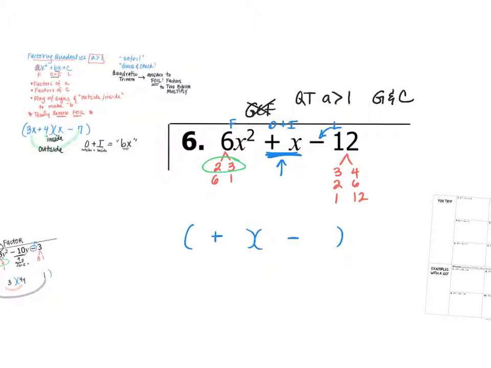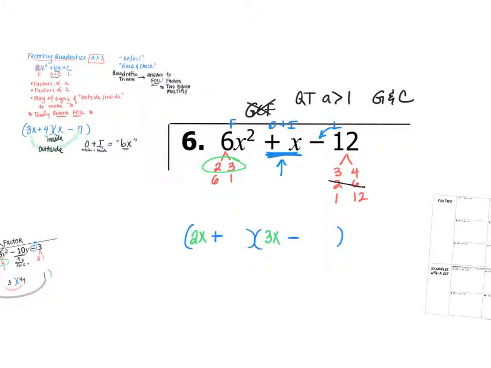And let's try 2 and 3 first. No rhyme or reason here, 2x and 3x. And let's see, we're trying to get a positive 1x. So do I want to put 3 and 4, or I can't put 2 or 6 here. Let me tell you why.